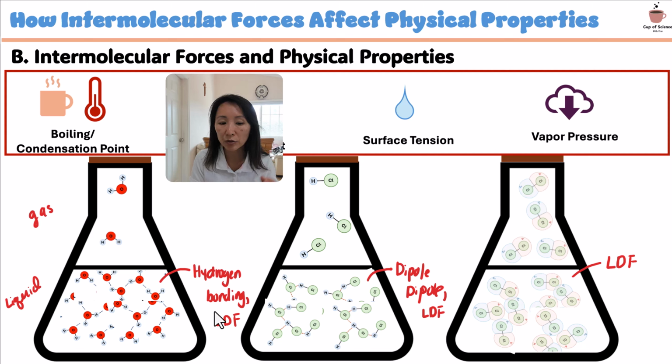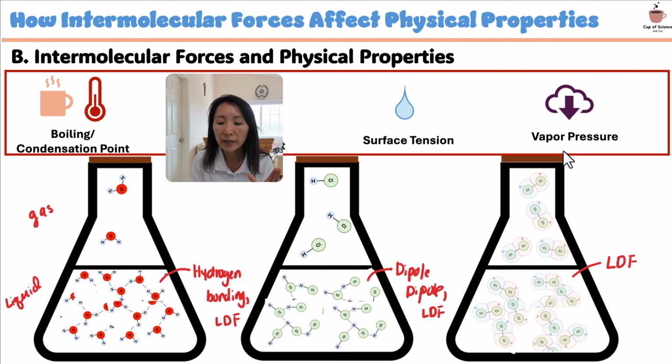That's because it's really hard to break the bonds here in comparison to this one and in comparison to the last one. If all of these three flasks are at room temperature, you're not going to see too many water molecules being broken apart compared to the other two. And probably even this one will all just be vapor.